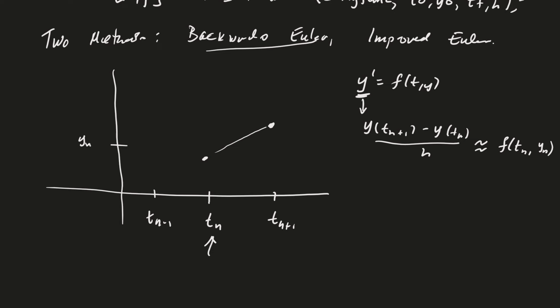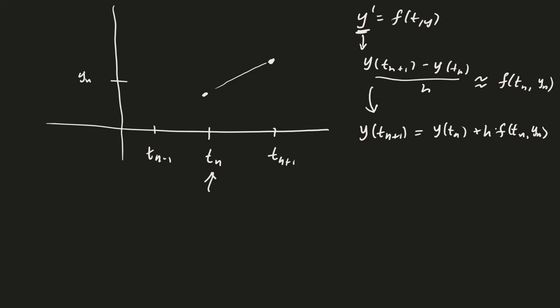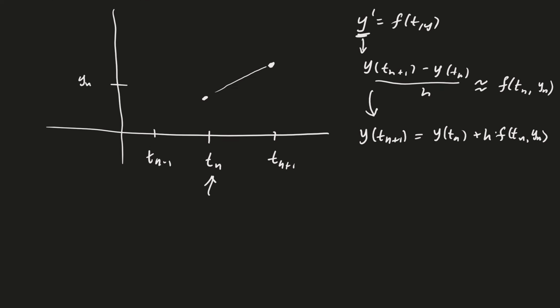Solving this equation, we get the normal version of Euler's formula. This is a different derivation than we had last time, but it's a valid one.